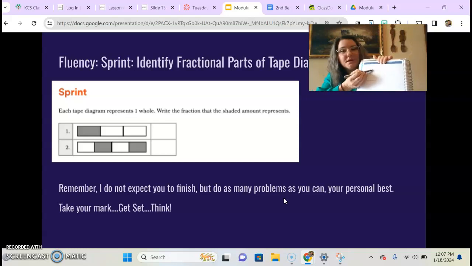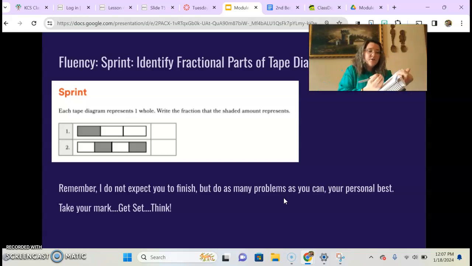So remember, the top number is called the numerator, and the bottom number is called the denominator. Our numerator tells us how many pieces are in the whole. I'm sorry, no it doesn't. It tells you how many pieces are shaded or what you're talking about. The denominator tells you how many equal pieces are in the whole. Okay?